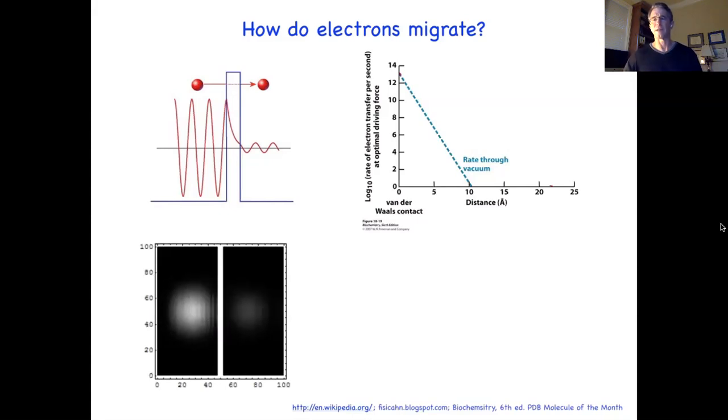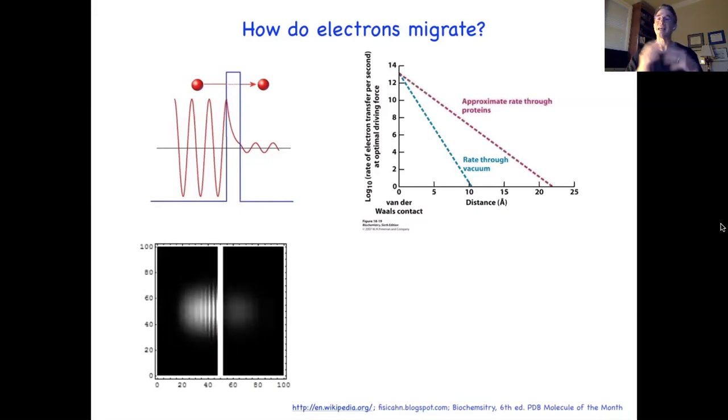Now, a couple of things affect this and will move that curve around. One is the potential, how strong the redox potential is between the two centers. With a really strong potential, you can transfer across a wider gap. The other thing that matters a lot is the medium in which it's embedded.